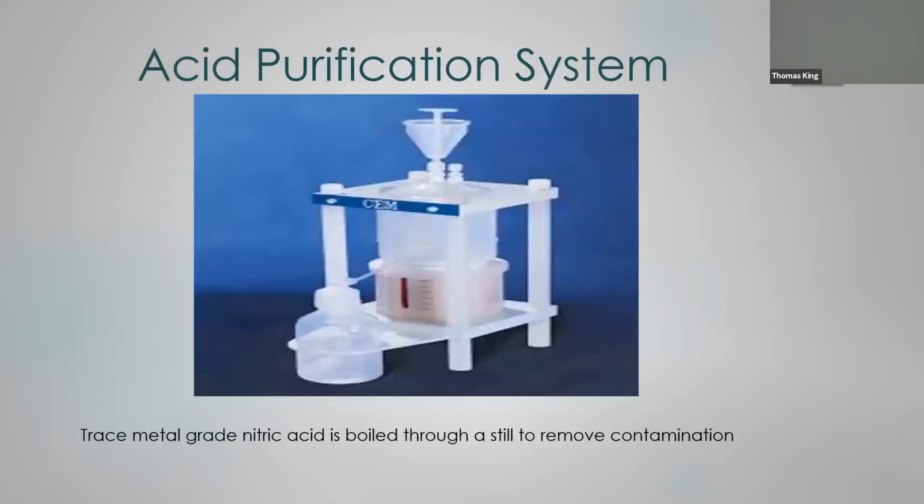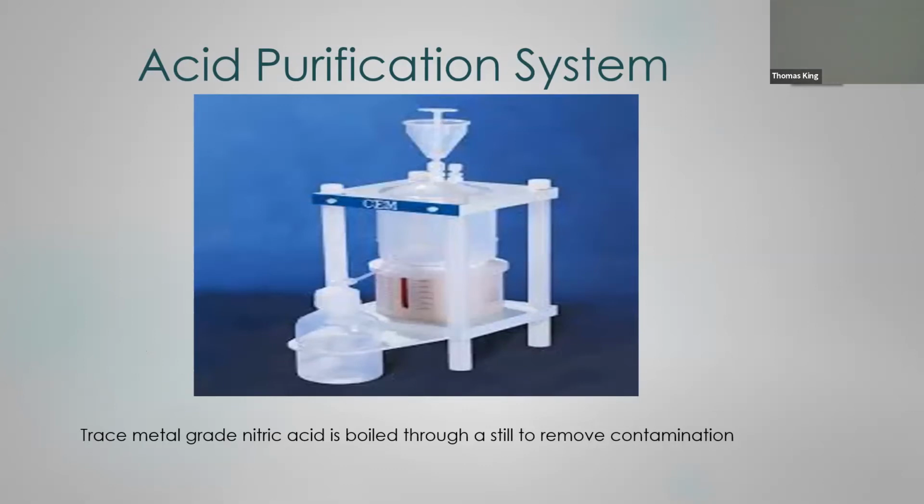Here's a picture of our acid purification system. Trace metal grade nitric acid is boiled in a still to remove contamination. There's basically three grades of nitric acid. Each grade is a little cleaner. There's reagent grade, trace metal grade, and optima grade.